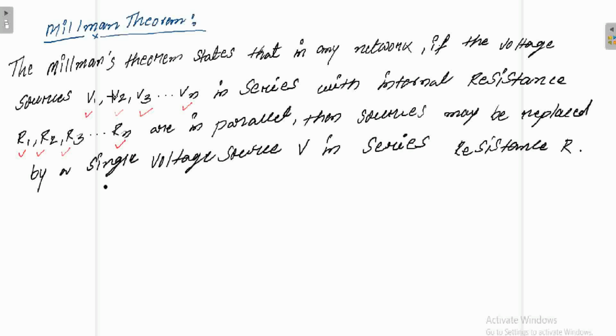If the voltage sources V1, V2, V3 are in series with internal resistances R1, R2, R3, let us draw a circuit for this statement.